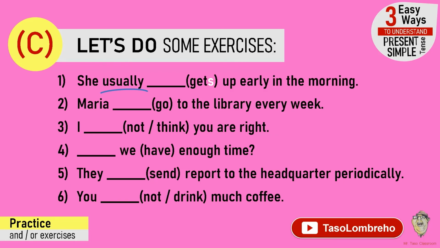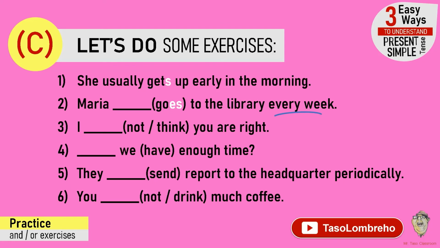So she usually gets up early in the morning. Number 2, every week. Every is also an adverb of frequency. So consequently, it is present simple tense. When the subject is Maria, Maria is the name of a person, so Maria can be replaced by she. So it will become Maria goes to the library every week.